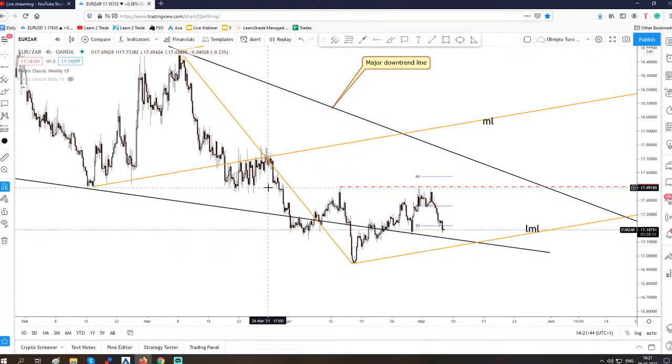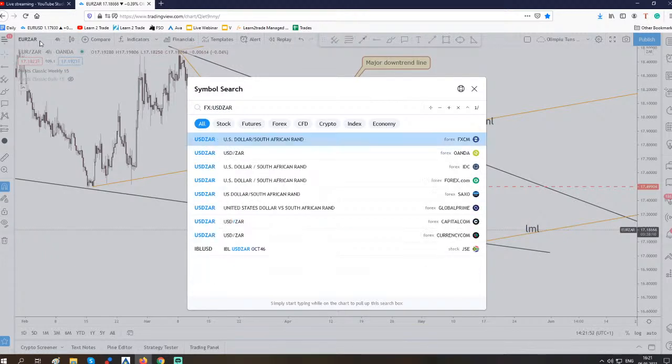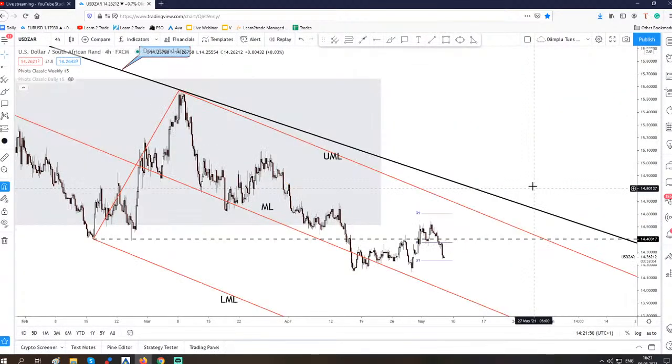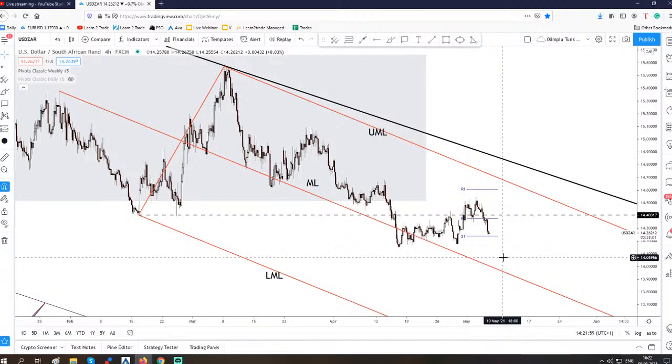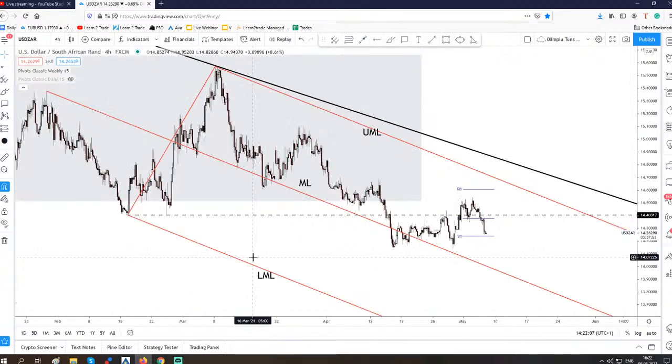Yeah, we will take a look at the US dollar versus the South African rand. So this one remains bearish as well. The price is trapped within this descending pitchfork body.